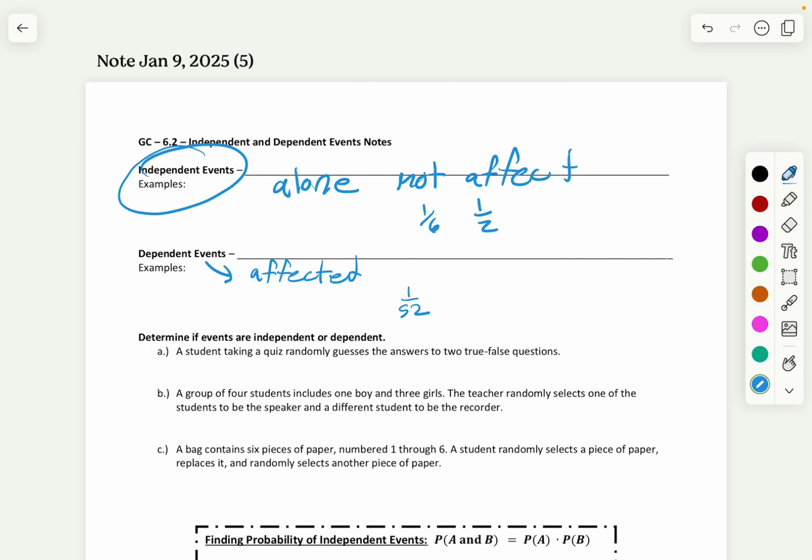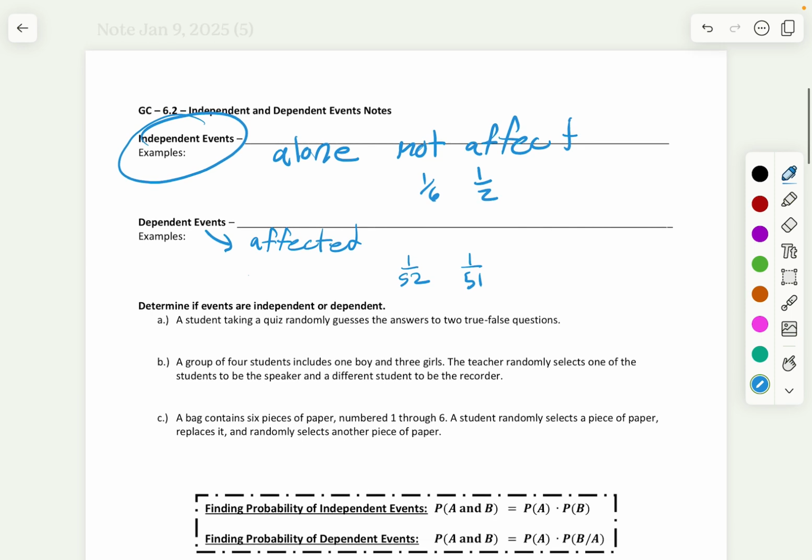But if I put it aside, I then have a 1 out of 51 chance to pull the next card. We're losing cards when you take a card out and don't put it back. That's the difference between the two: one is just the normal probabilities, and the other is if they're affected.